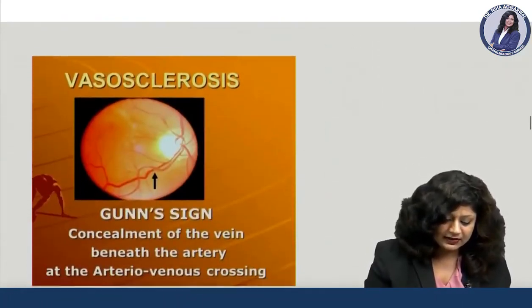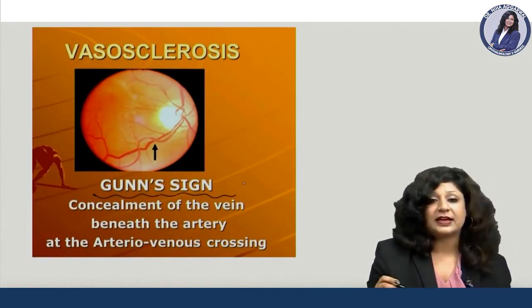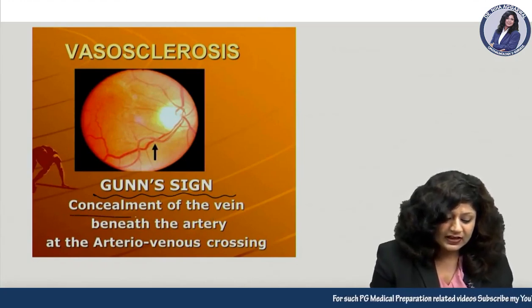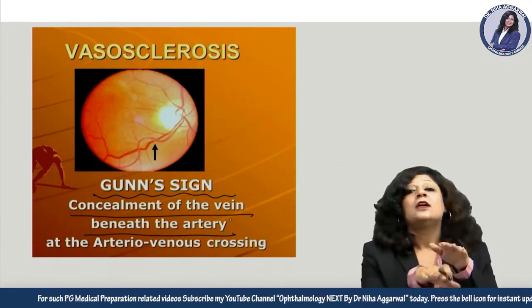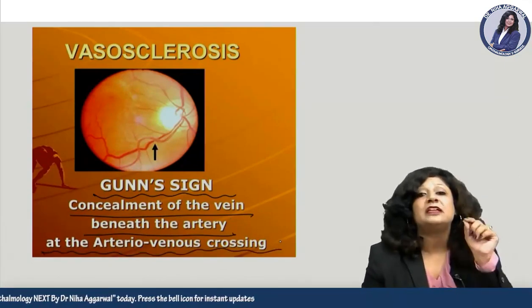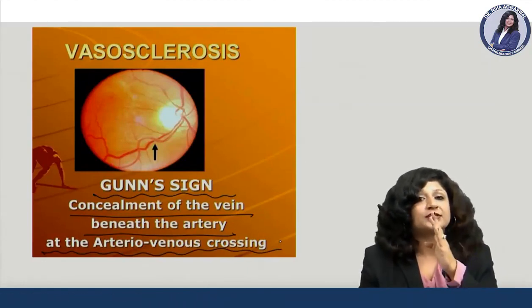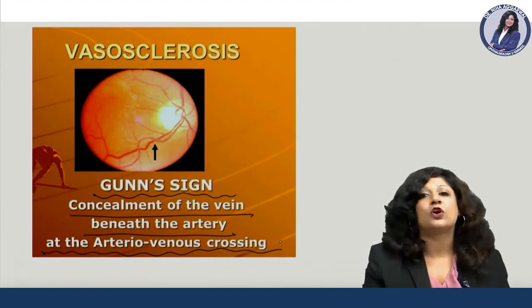Now coming to the next one. The third important sign is actually the Gunn sign. Now what is this Gunn sign? Concealment of the vein. It is the hiding of the vein beneath the artery. When a vein is hidden beneath the artery just at the AV crossing, where an artery is crossing a vein, if the vein is hiding beneath the artery, that is actually called the Gunn sign.